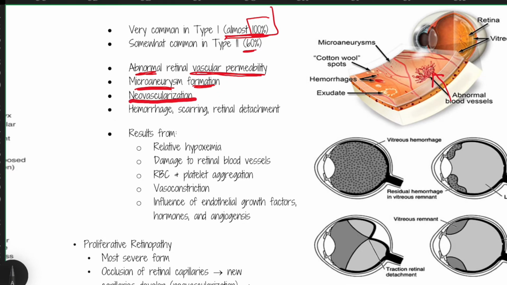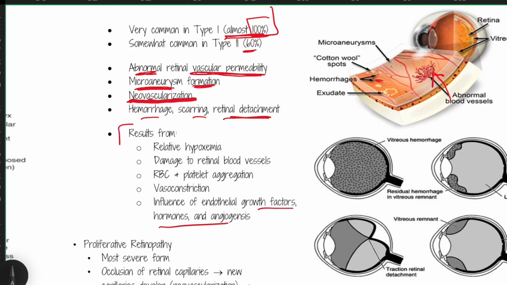Neovascularization, break it down, new blood vessels. Hemorrhaging, scarring, retinal detachment can actually occur. There's damage to the blood vessels, red blood cell platelet aggregation, vasoconstriction, influence of endothelial growth factors, hormones, angiogenesis.